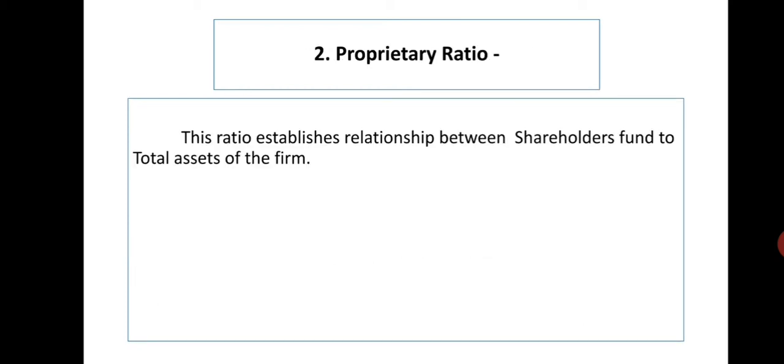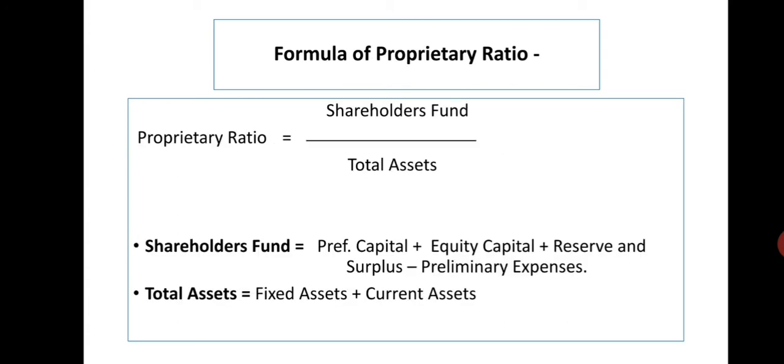Next, second one is proprietary ratio. So what is proprietary ratio? This ratio indicates the relationship between shareholders fund to total assets of the firm. Whatever proportion or relationship exists between shareholders fund and total assets of the firm is indicated by proprietary ratio. So what is the formula for this?